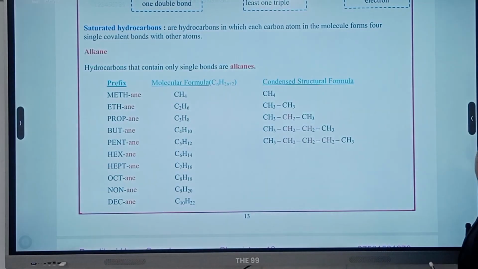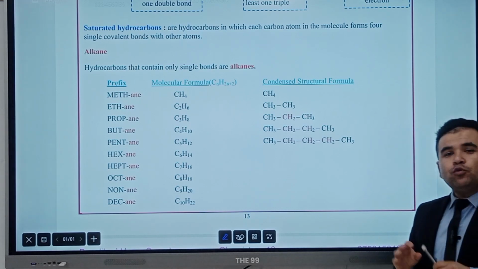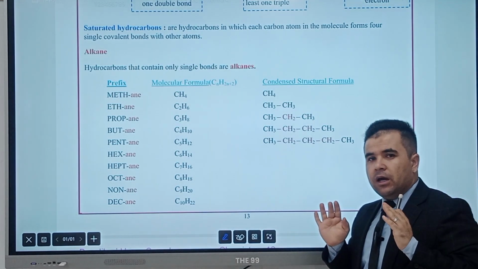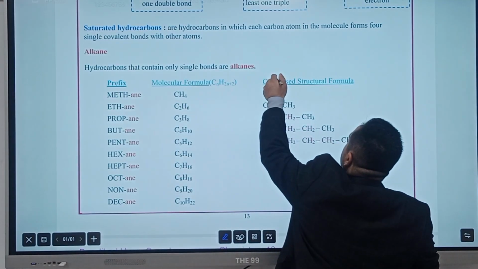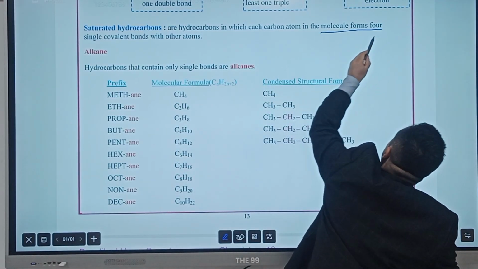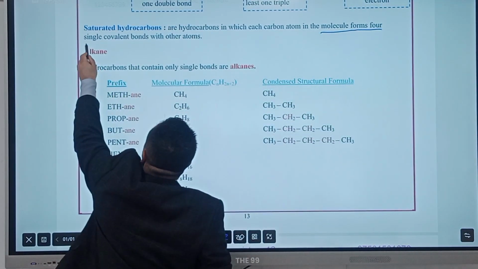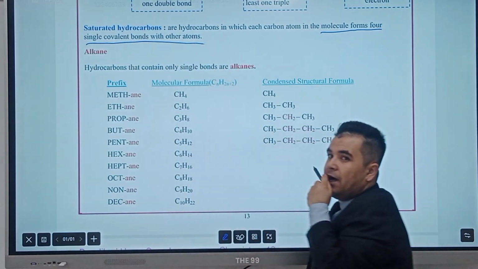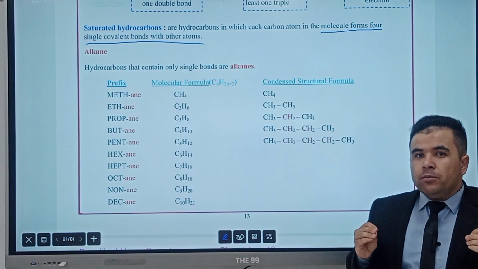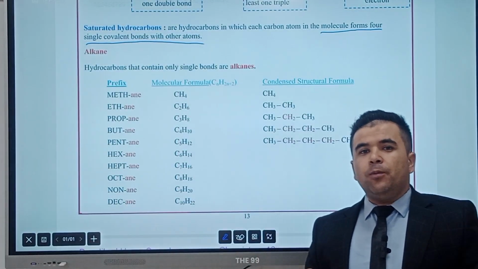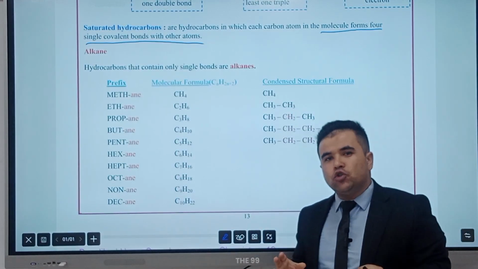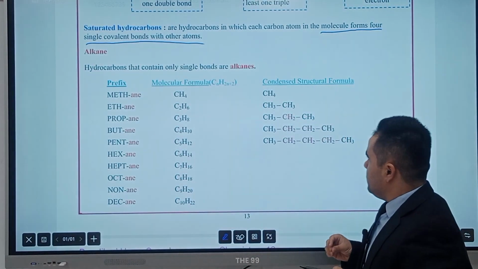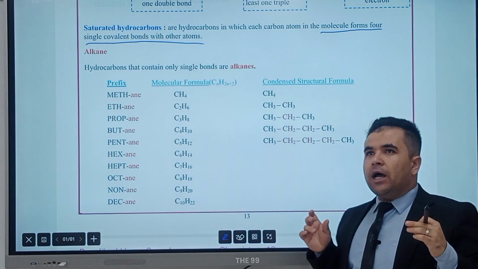Let us talk about the saturated hydrocarbons, guys. The saturated hydrocarbons, as we introduced, are those hydrocarbons in which the carbon forms 4 single covalent bonds with other atoms. When it forms 4 single covalent bonds, the structure becomes what we call a saturated hydrocarbon.